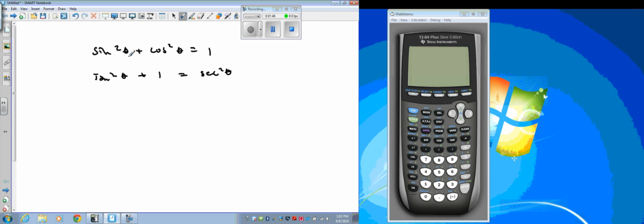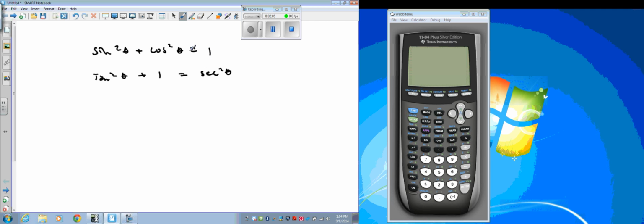So this identity is just this one with each term divided by cosine squared. You see that? Sine squared over cosine squared is tangent squared. Cosine squared over cosine squared is 1. 1 over cosine squared is secant squared.